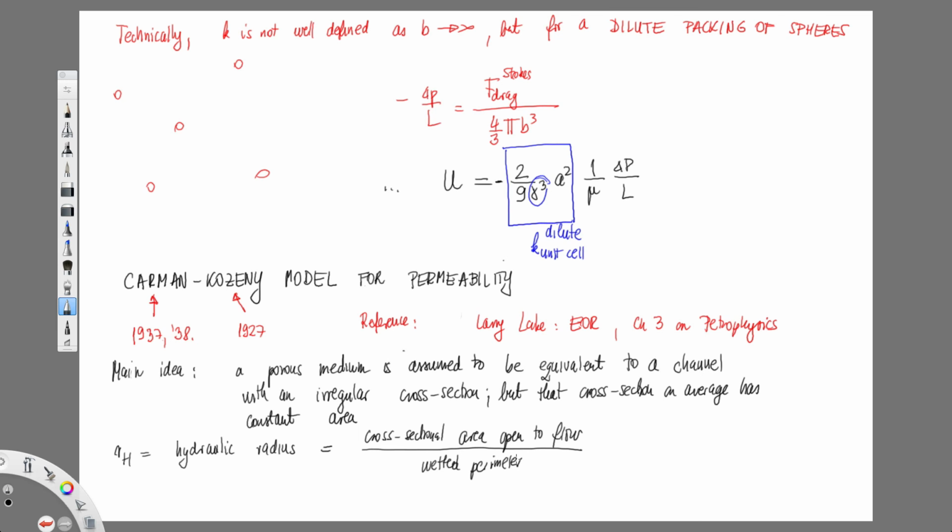That's for that channel of constant cross-section, and if I now multiply that to get a volume, I'm going to get the void volume of the porous medium divided by the surface area of these channels within the medium, of the pore space within.